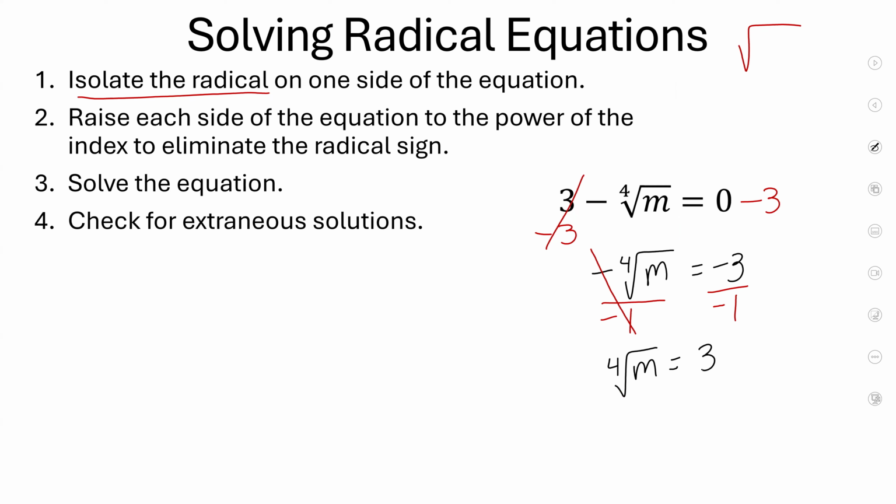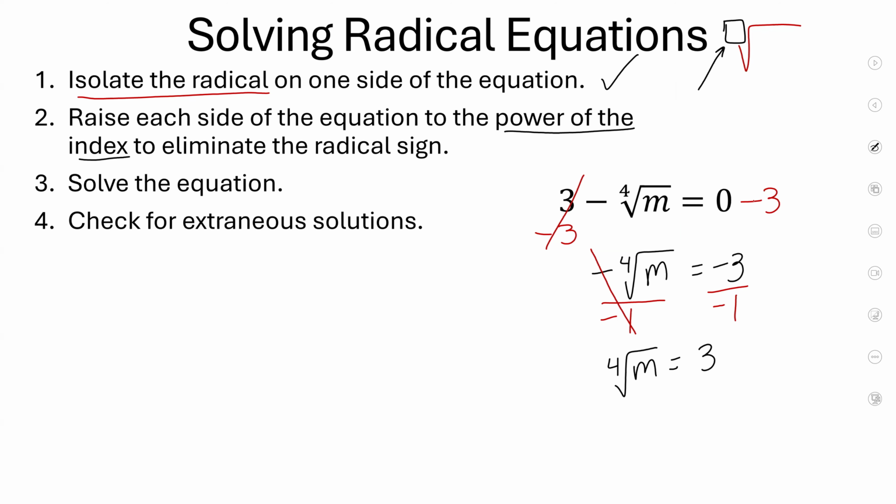So that is step 1 completed. We isolated the radical. The radical is now by itself. The next step is to raise each side of the equation to the power of the index. The index is this number up here. So in this problem, what is my index? 4.